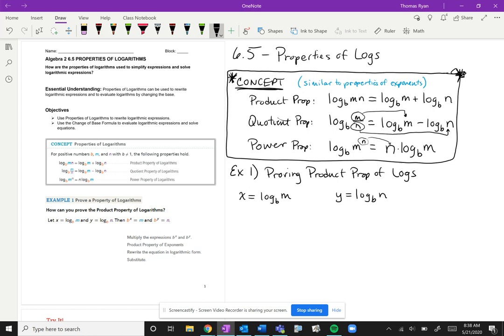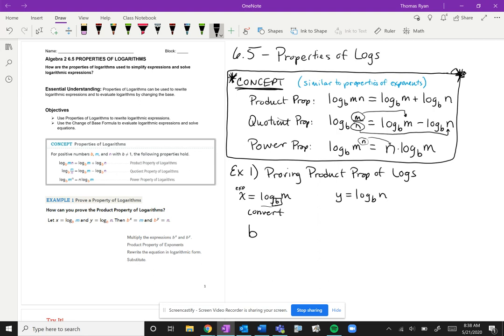Now, in order to prove this, it's going to be a lot easier if we think of these things along the lines of exponentials. So remember, in order to convert this to an exponential, b stays our base. b to what power? Because remember, a log is an exponent. So this is our exponent.